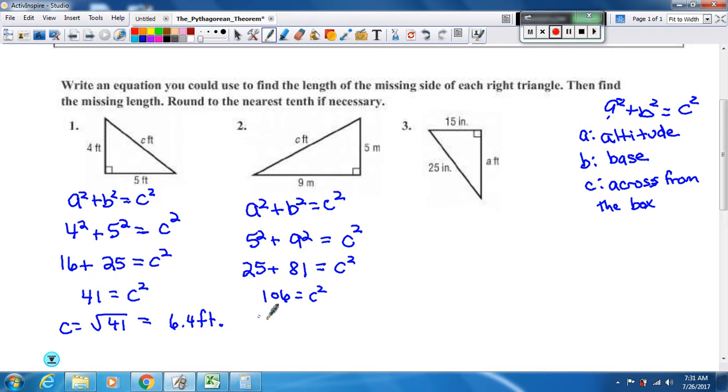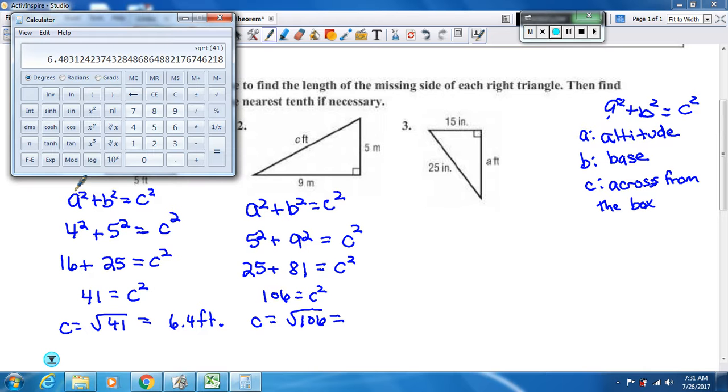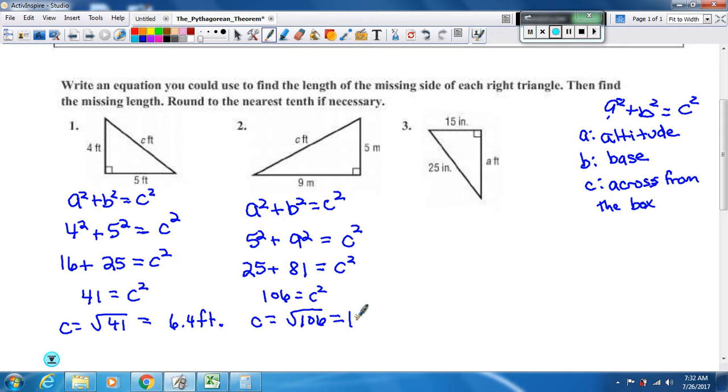So you got to take the square root of that to get your final answer. The square root of 106 is 10.29. Now they want 1 decimal place because they want tenths, so this 9 is larger than 5. So the rule is if it's 5 or larger, the number in front goes up. So I'm going to call this 10.3 meters.